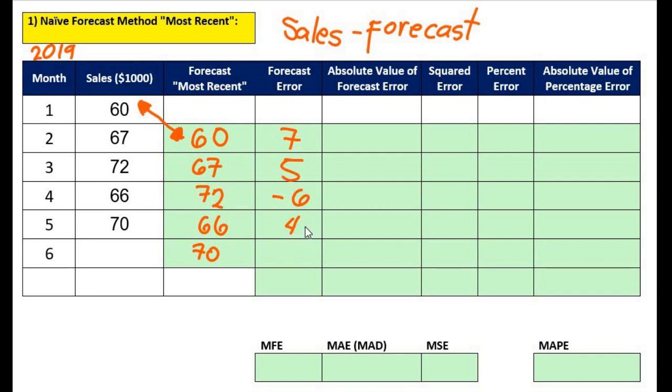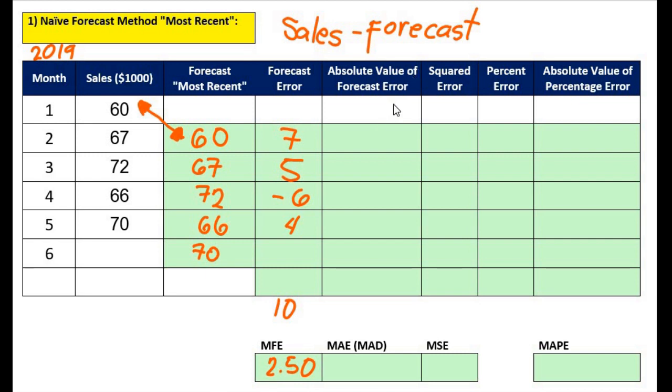Get the sum and then divide it by the total number of data. So 7 plus 5 plus 4 minus 6, the total would be 10. 10 divided by 4, that would be 2.5. That is the value of our MFE.